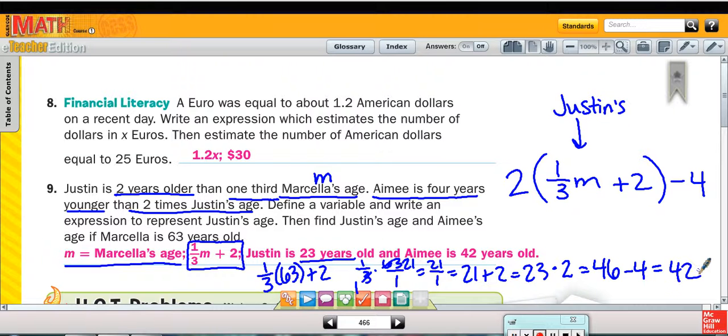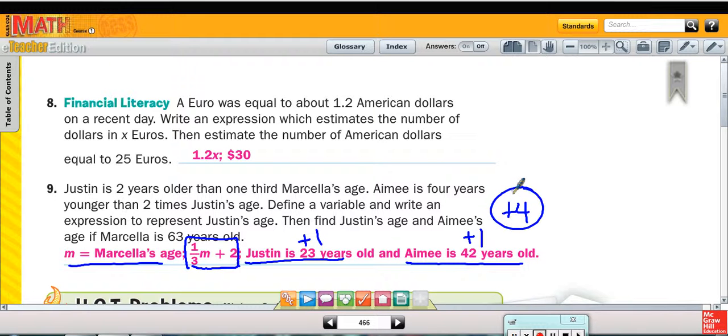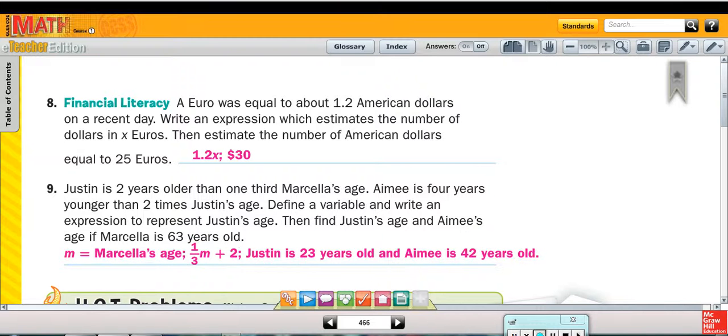So there's Amy's age. This one is worth a point for Amy's age, a point for Justin's age, a point for Justin's expression, and a point for defining the variable. So this is worth 4 total points. A little bit tricky one, so if you got that one, great job.